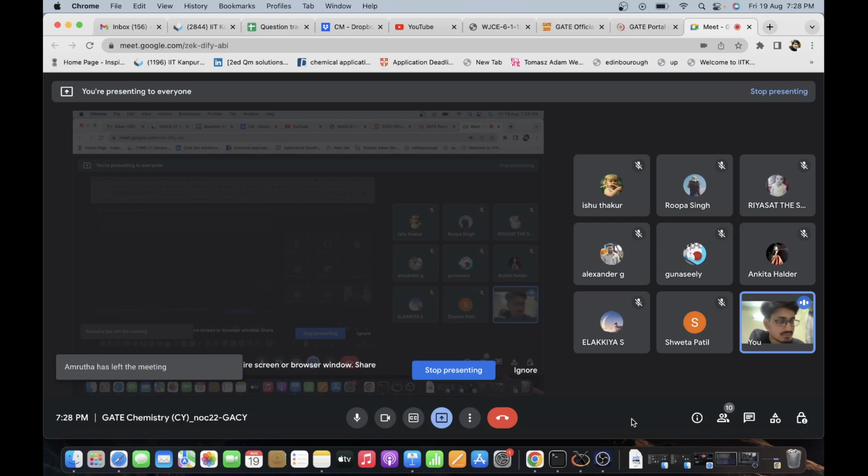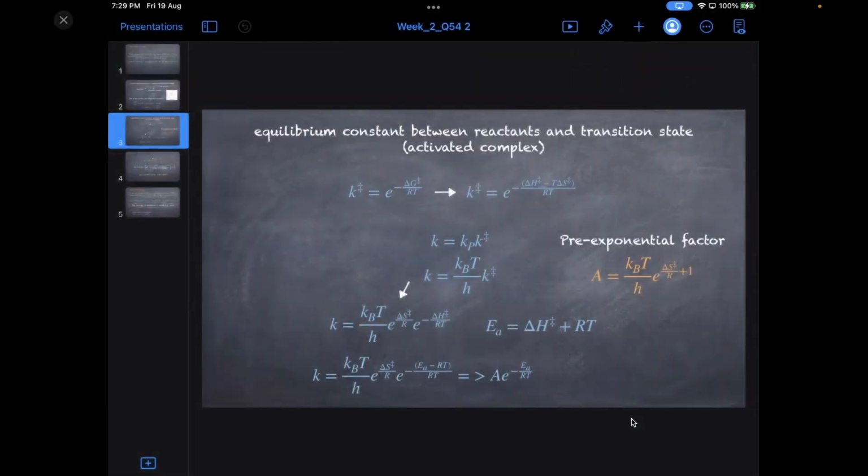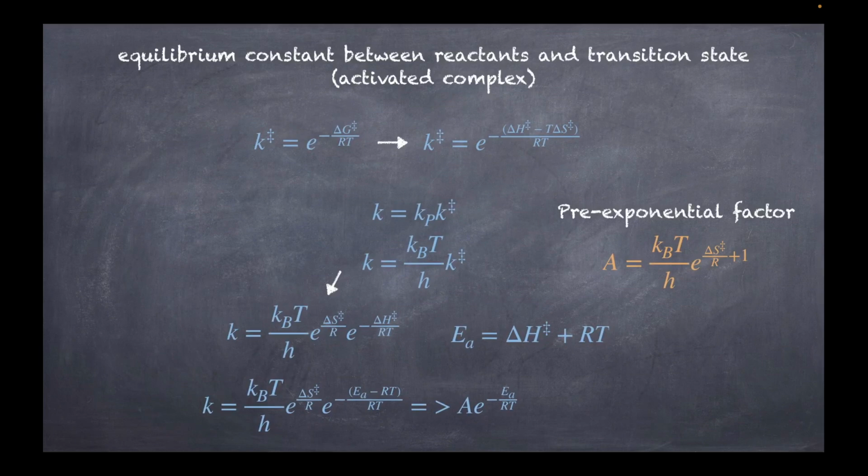So you all know the relationship between the activation energy and the enthalpy of activation, right?